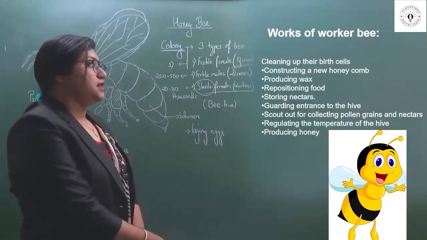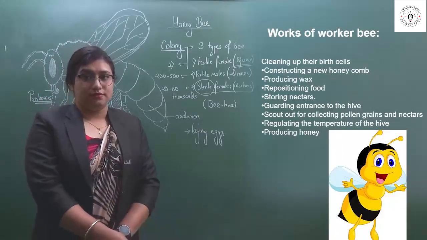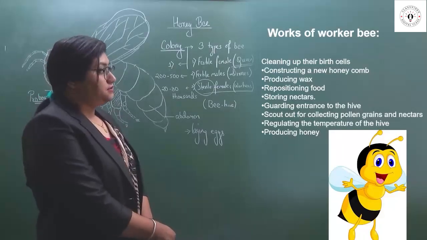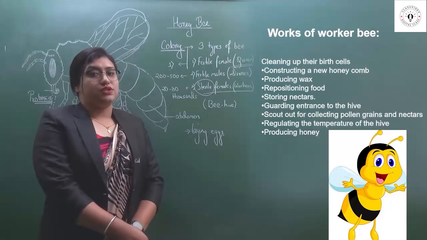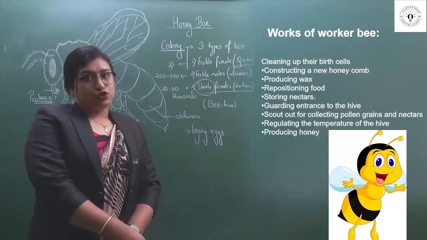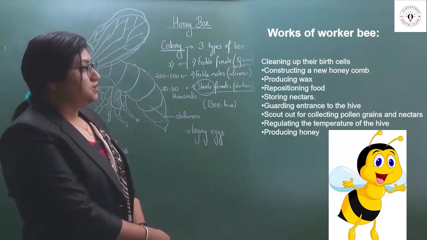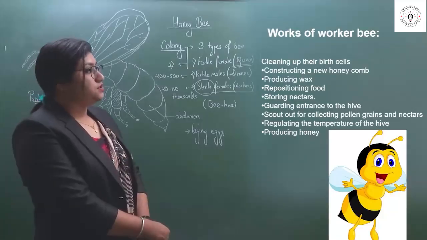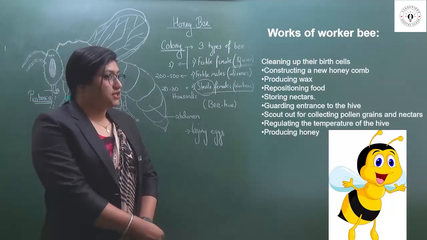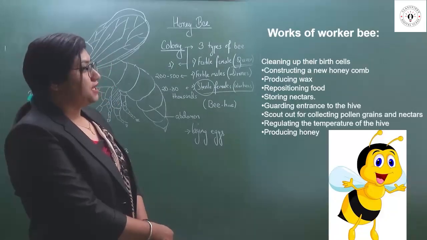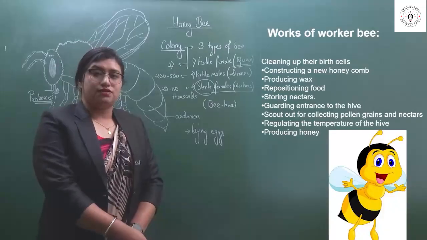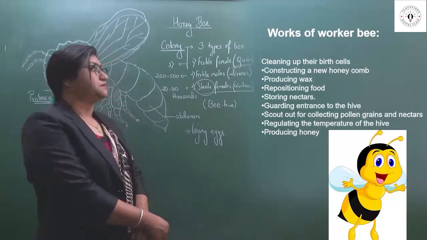Next, they also help in the construction of a new honeycomb. They help in producing wax, repositioning of food, storing of nectar, guarding of the entrance, scouting out and collecting pollen grains and nectar, regulating the temperature, and also producing the honey.